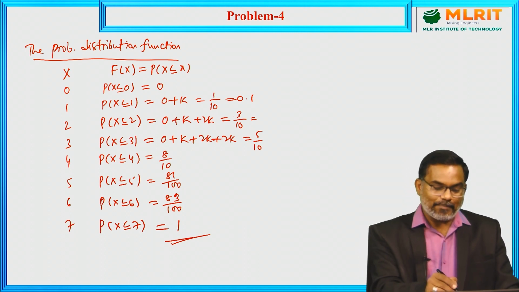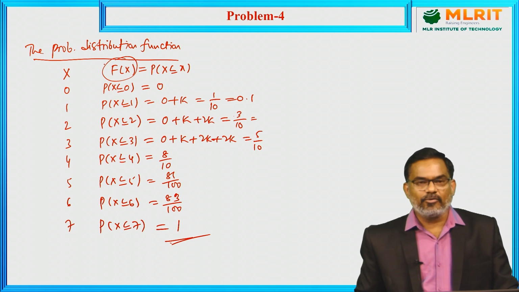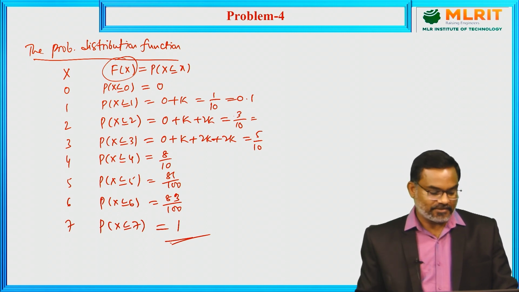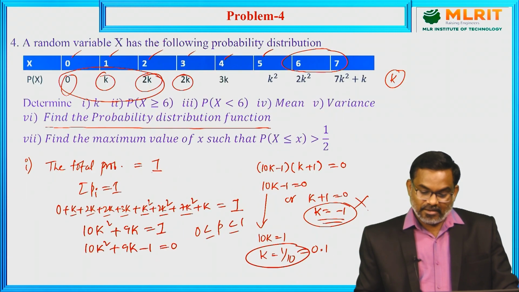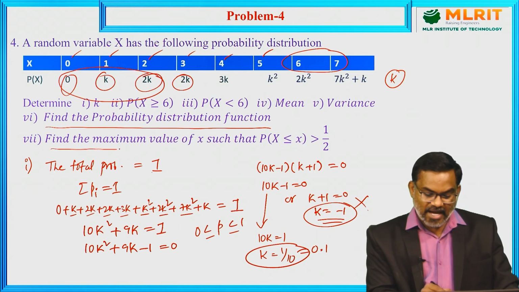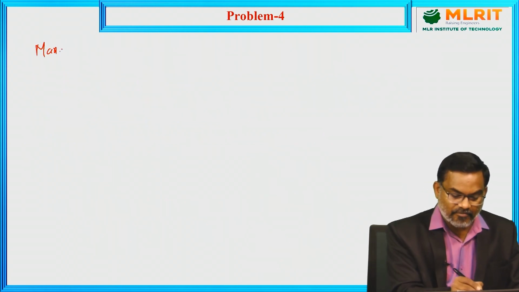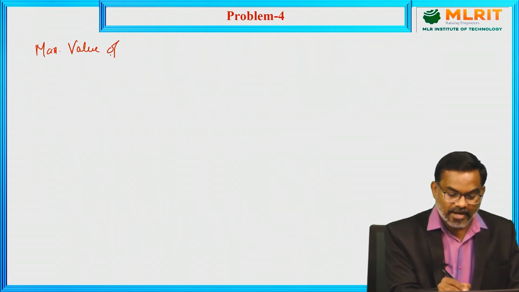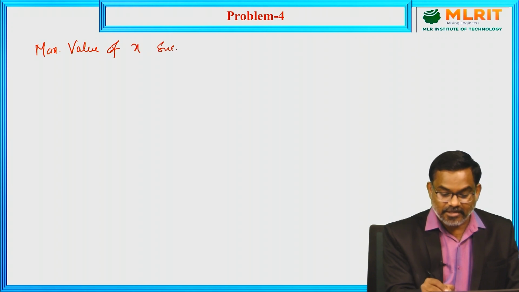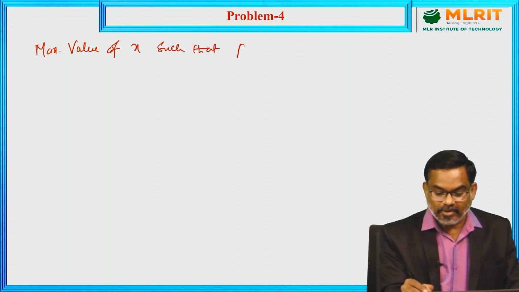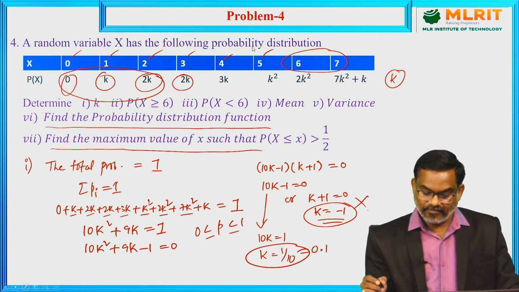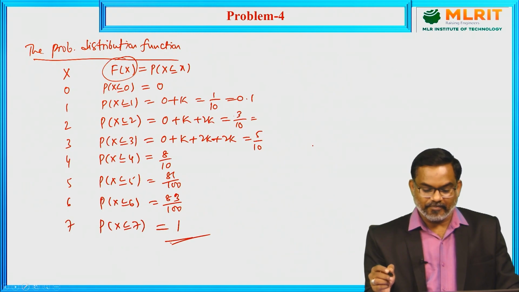So, capital F of x is the cumulative probability function, in which we calculate the sum of the probabilities. And the next problem is to find the maximum value of x such that the probability of capital X less than or equal to x is greater than 1 by 2.